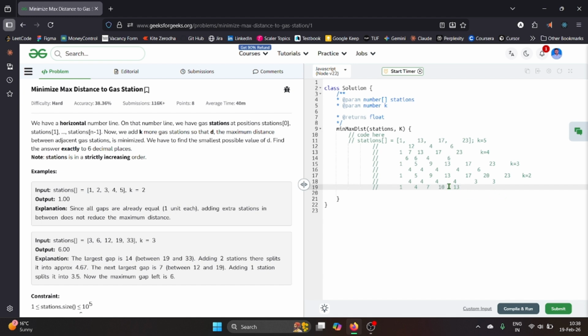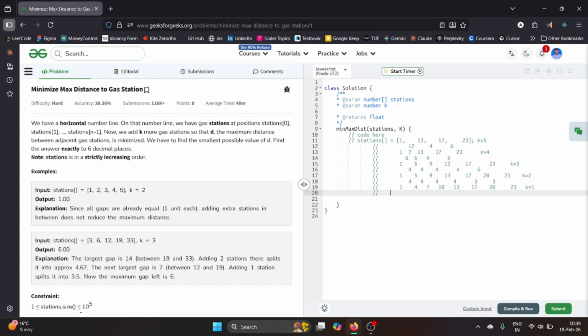So you can clearly see that we have put our three new gas stations in between, and all the stations have the same distance, that is 3. Then there are 17, 20 and 23, where we have only one gas station to put in between.